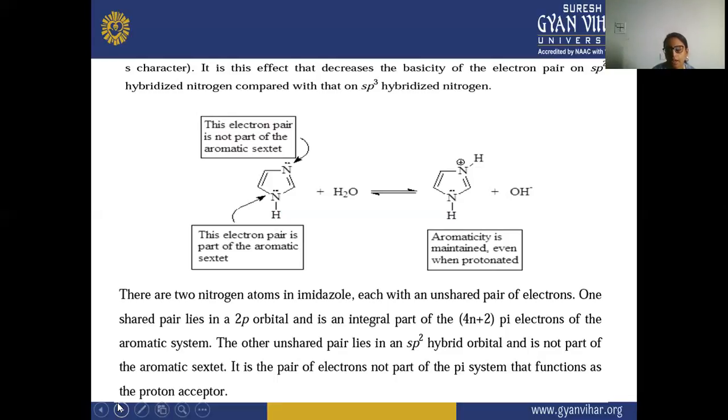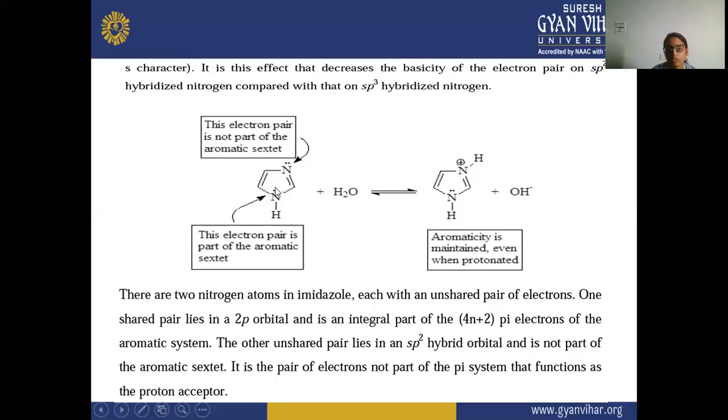There are two nitrogen atoms in imidazole, each with an unshared pair of electrons. One shared pair lies in the 2p orbital and is an integral part of the 4n plus 2 pi electrons of the aromatic system, and the other unshared pair lies in an sp2 hybrid orbital and is not part of the aromatic sextet. It is a pair of electrons not part of the pi system that functions as a proton acceptor.